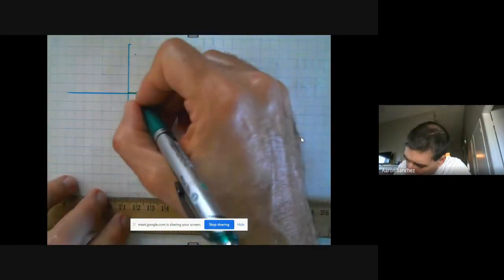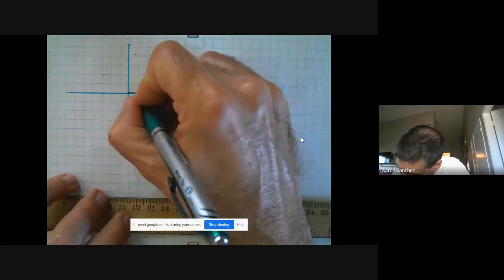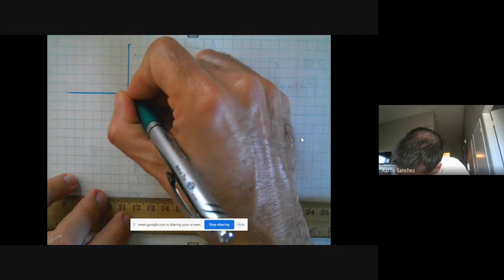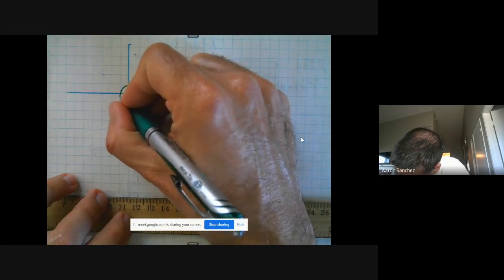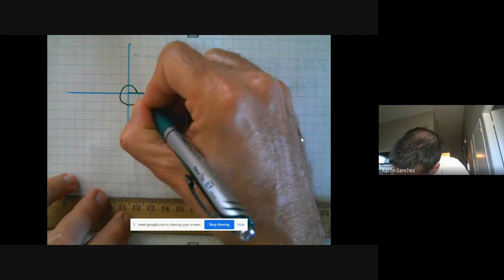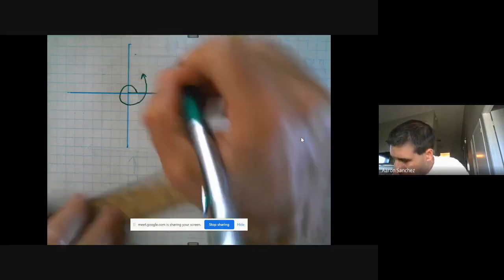What if it goes like this? Watch what I do here. What if the angle opens? Watch. It goes around, goes around, goes around. Keep going, and it keeps going. And let's say it stops right here.